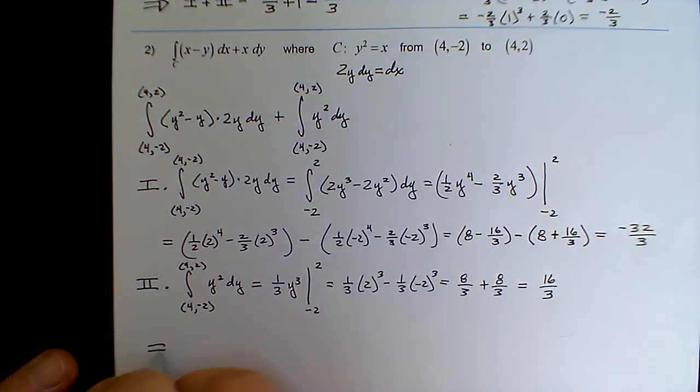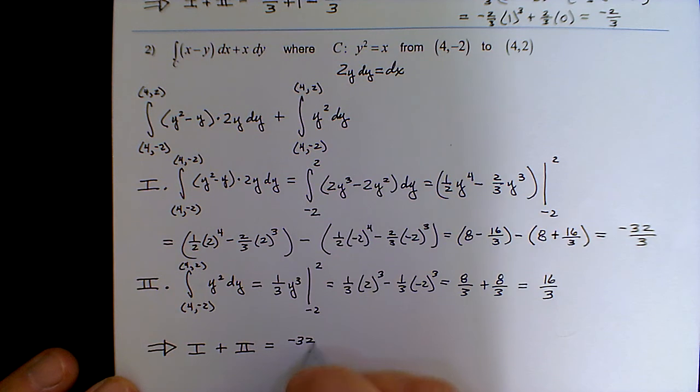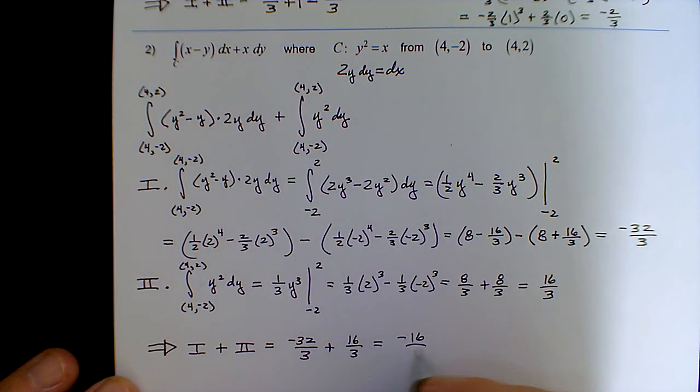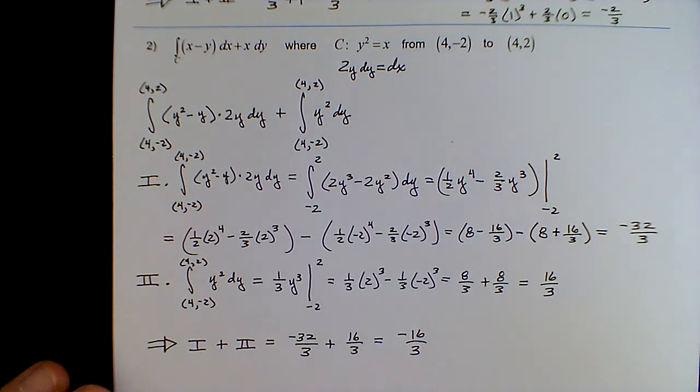And so we get that Roman numeral 1 plus Roman numeral 2 is negative 32/3 plus 16/3, or negative 16/3.